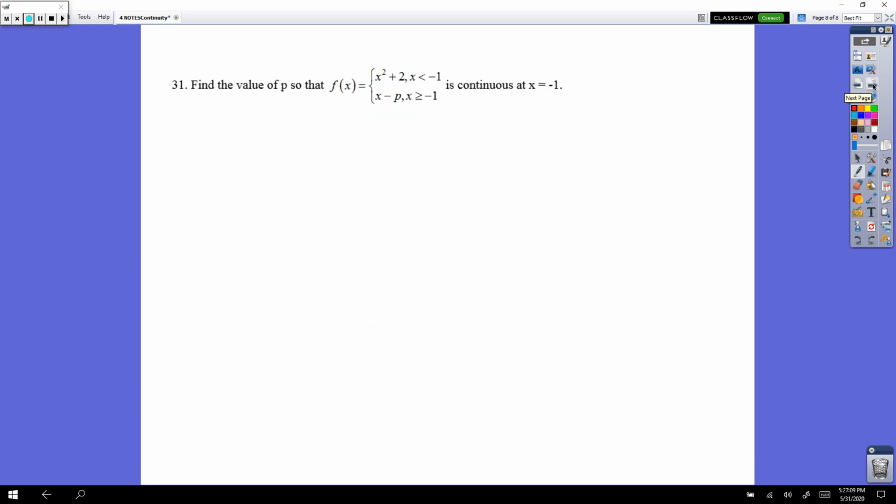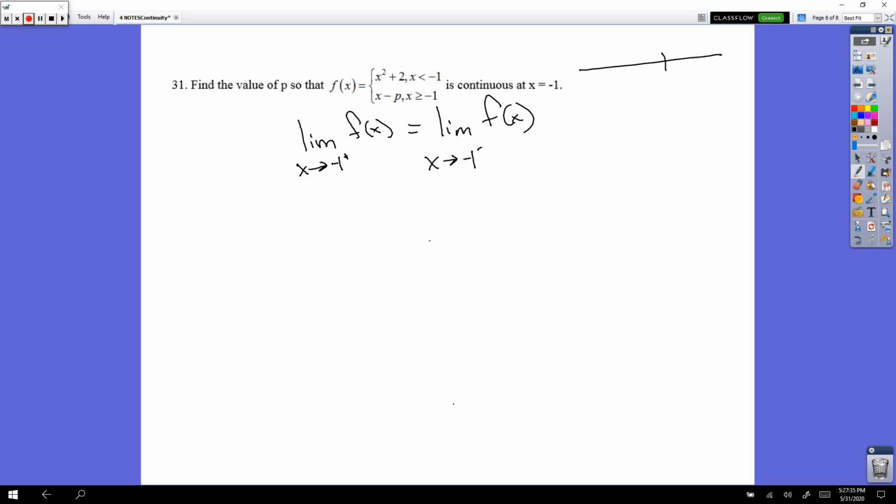Last problem. Same type of thing here. Okay. So find the value of p so that f of x is continuous at x equals negative 1. So again, I need the right side of negative 1 to equal the limit as x approaches the left side of negative 1.